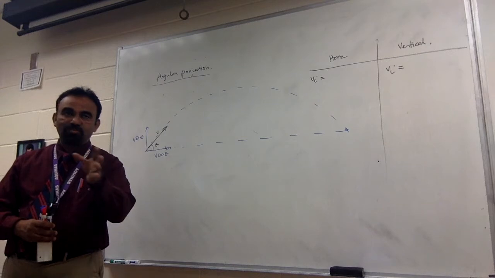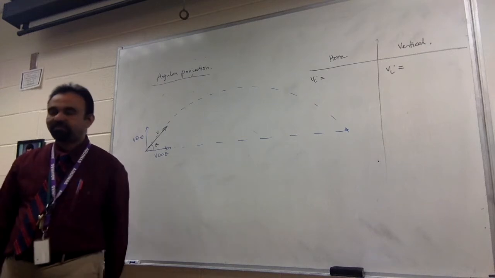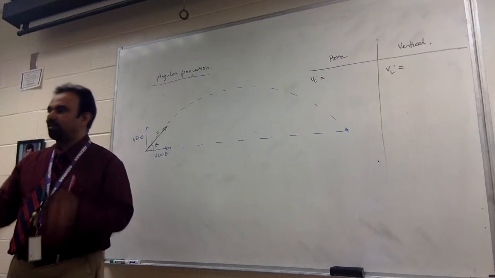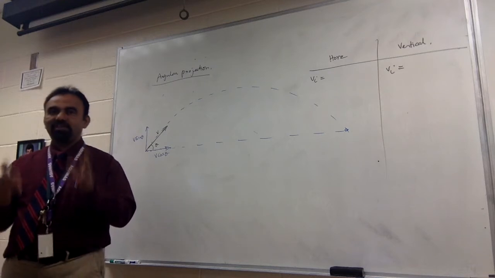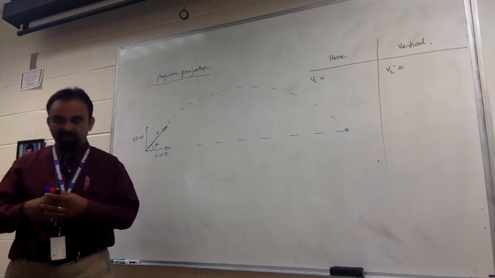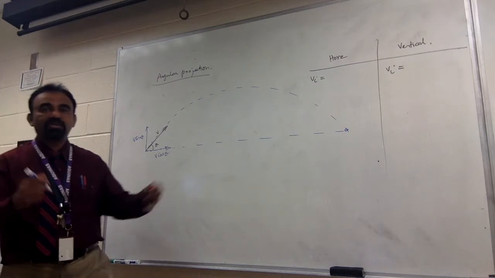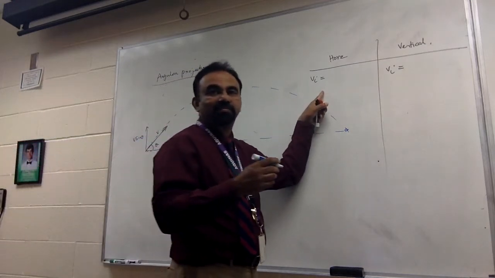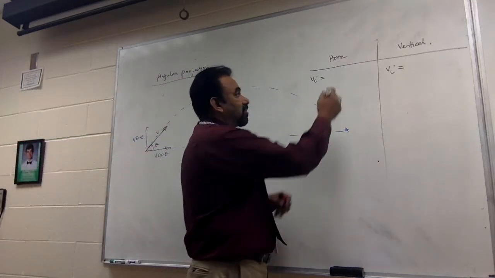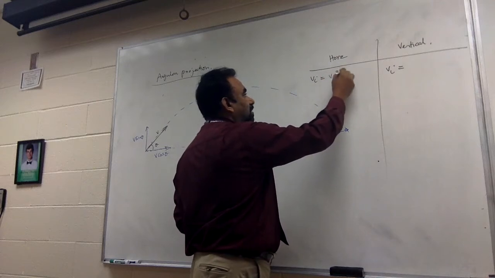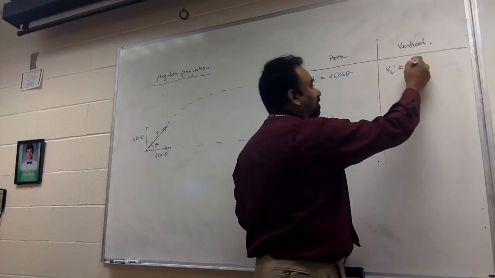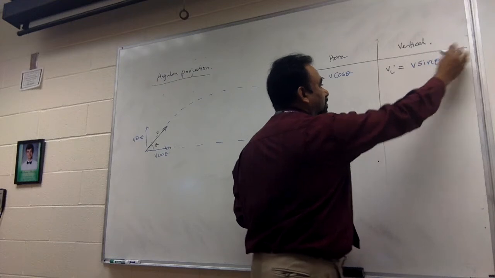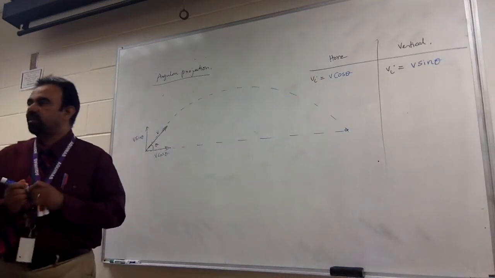The first thing you should do before solving any problems is split the given velocity into horizontal component and vertical component. So, do you know the horizontal initial velocity now? V cosine theta. And what is the initial vertical velocity? V sine theta.